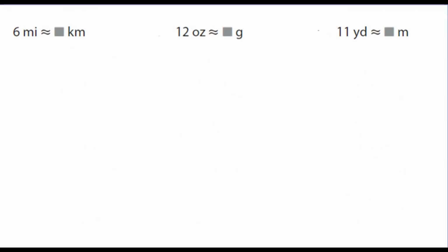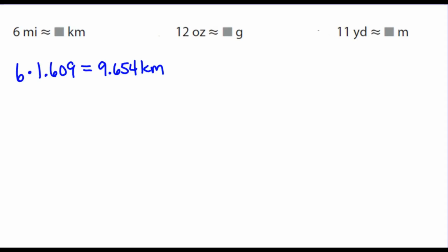So 6 miles, I would multiply by 1.609 because every mile is about 1.609 kilometers, and I get 9.654 kilometers. So 6 miles is about 9.654 kilometers.